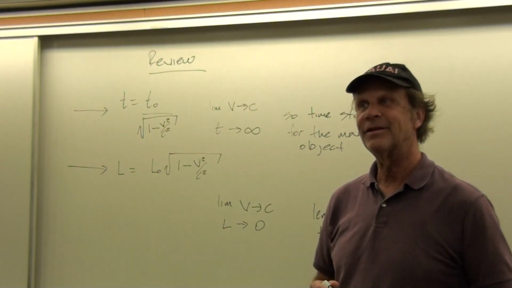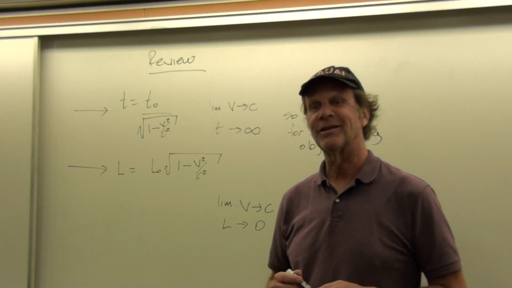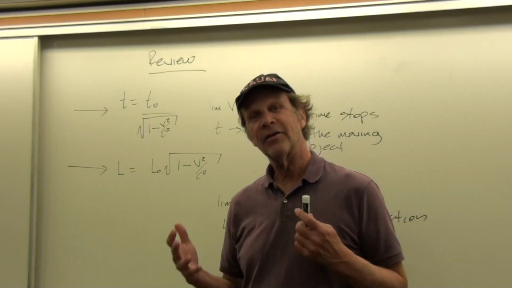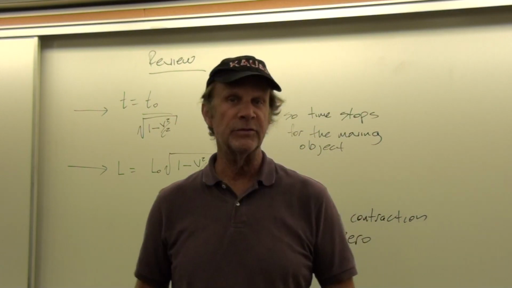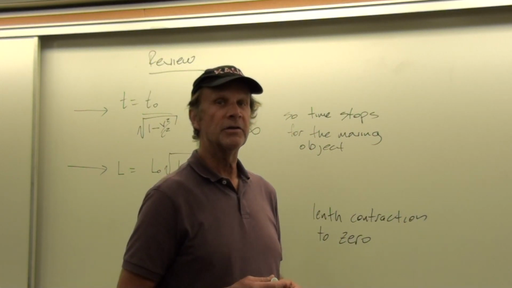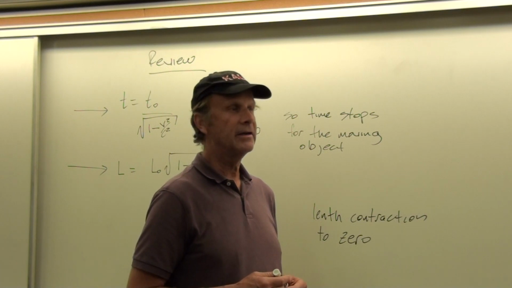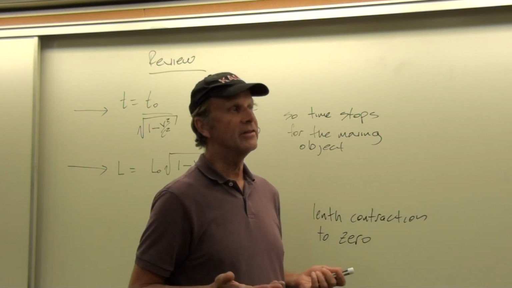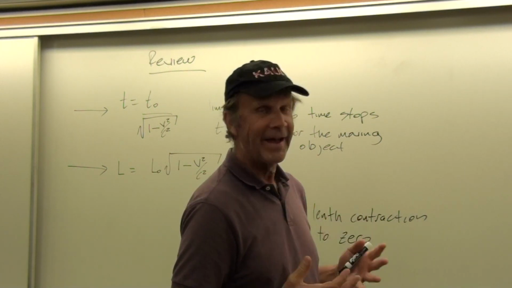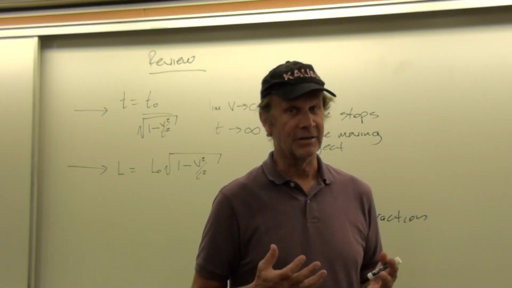But since an infinite amount of time is never going to elapse on the stationary clock, essentially another way of saying this is that time stops. You see the person, although ironically the person is moving at the speed of light, so it's the fastest speed that he or she can go.